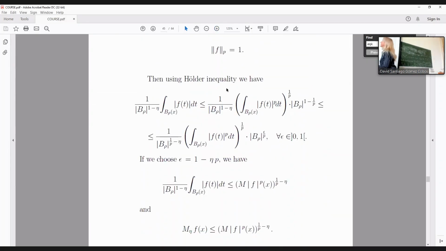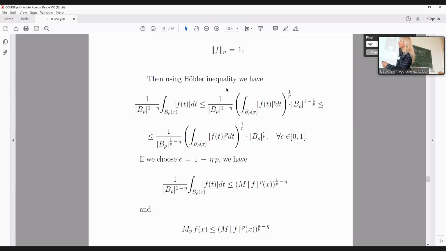So we have that this is less or equal. We copy again 1 over the measure of b rho with exponent 1 minus eta. Then we multiply using the Hölder inequality with exponent p, the first term, the integral, and because here we have only f, we consider the other function to be, for example, 1, and we have the measure of b rho with exponent 1 minus 1 over p, the conjugate exponent.